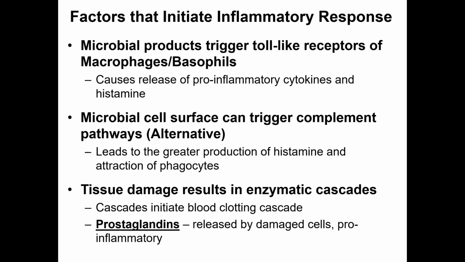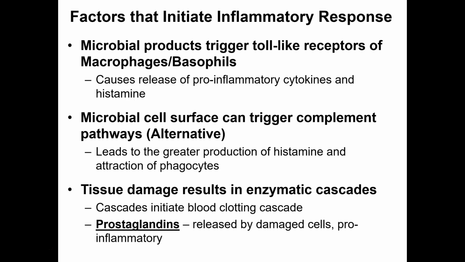So what can trigger inflammation? Well, we've already mentioned these. So 2 out of 3 of these are old news. The first thing that can trigger inflammation: toll-like receptors. If a white blood cell, like a macrophage or neutrophil, detects that there's a pathogen in the area, it will make pro-inflammatory chemicals like histamine or tumor necrosis factor.